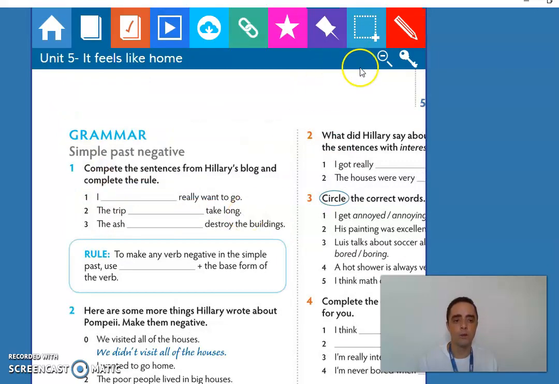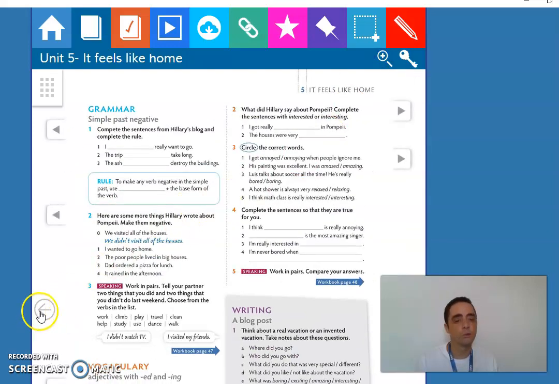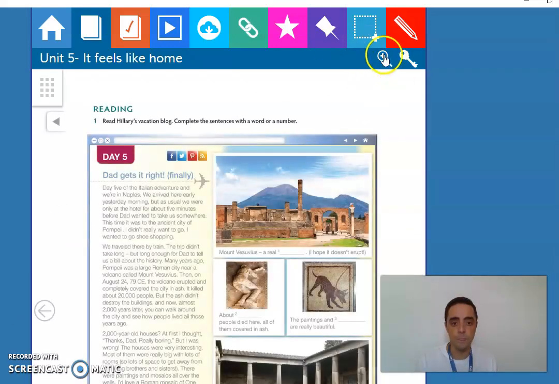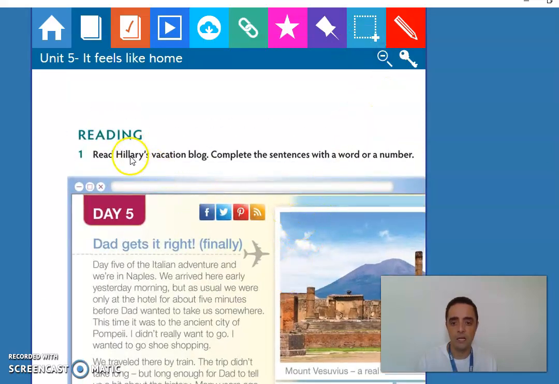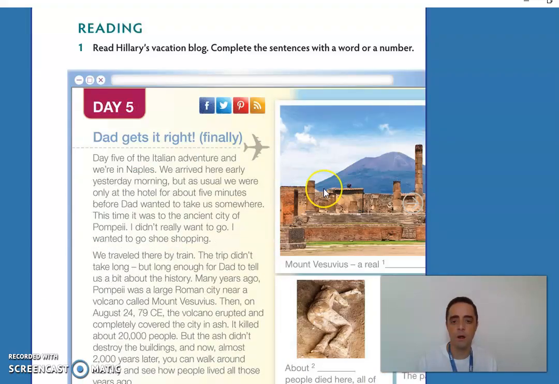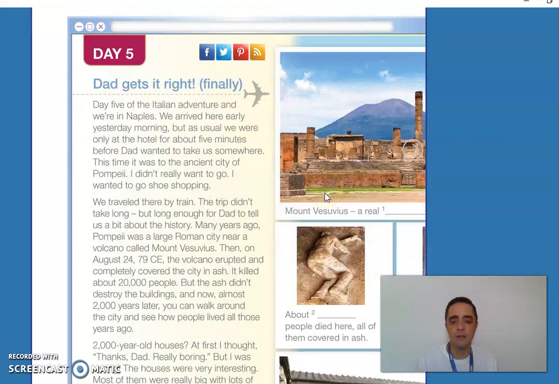We go back to the previous page to check how we build a sentence in the negative. So let's go back there and check some examples together. So here we have Hilary's vacation blog. And let's see if we can find any sentences in the negative in paragraph number 1.